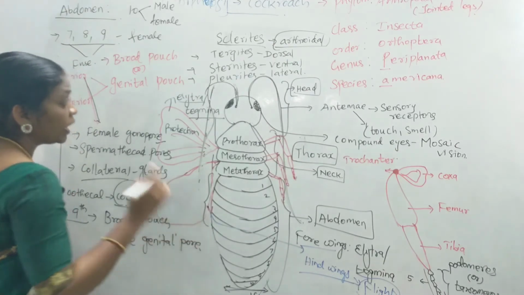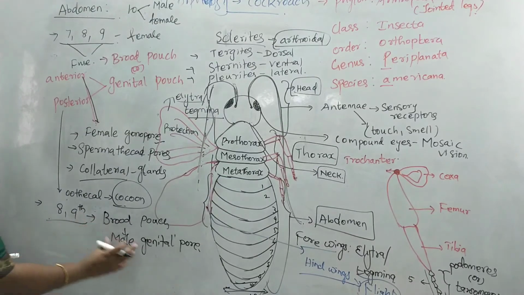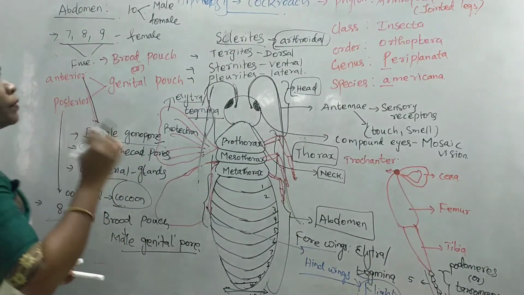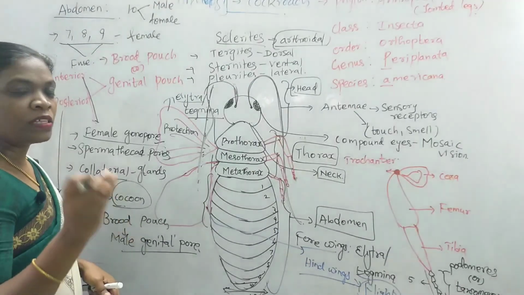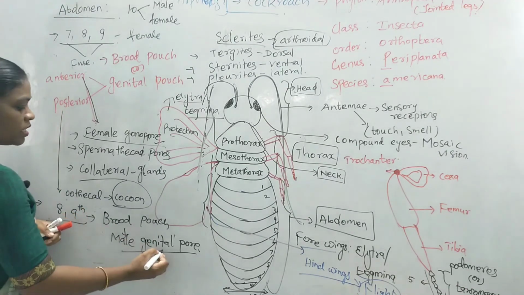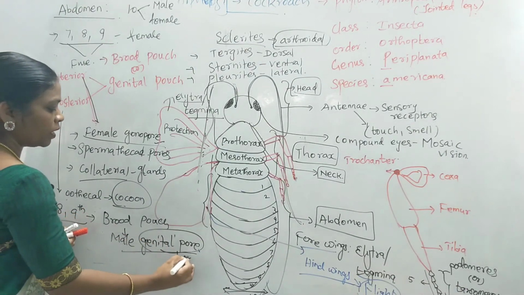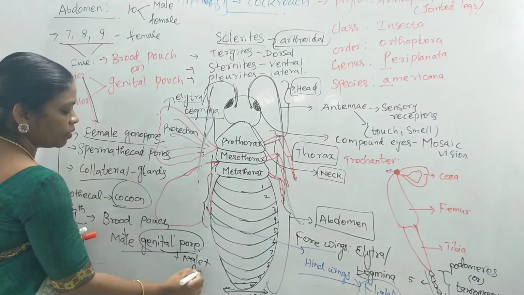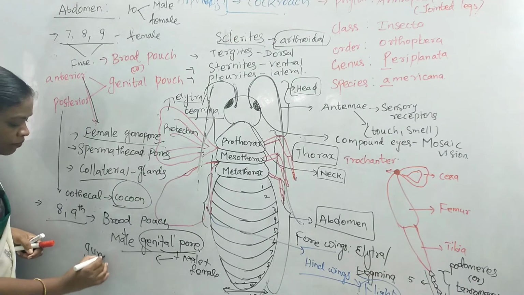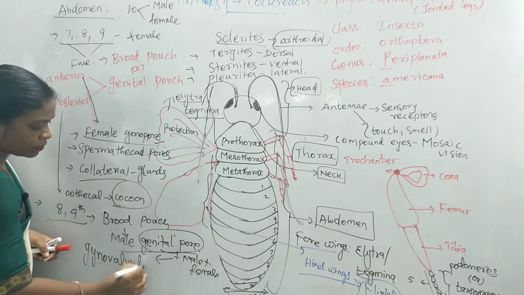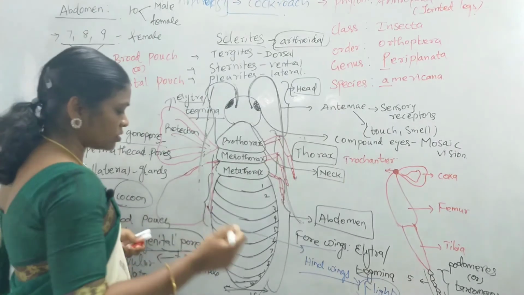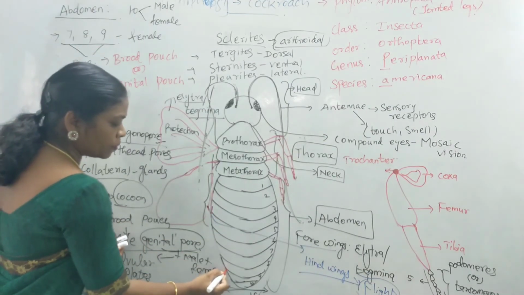One more important thing: these reproductive openings, the male genital pore and the female gonopore, are covered by special structures known as gynovalvular plates. So the genital pores, both male and female, are surrounded by gynovalvular plates.